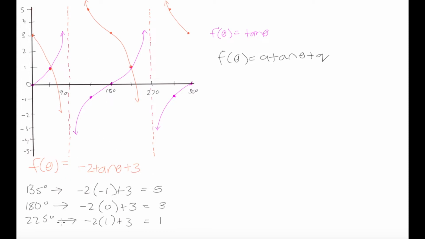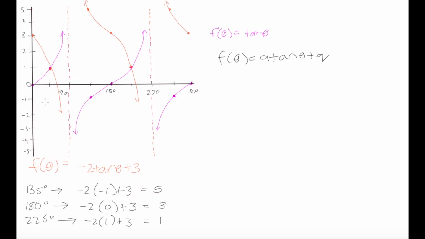And while this is a foolproof method that's going to work every time, a way that we can make this even faster is to just start out by looking at what we would get when we have our tan theta value of 0. Whenever we have our tan theta value of 0, the point where tan theta is 0 is going to be our Q value.